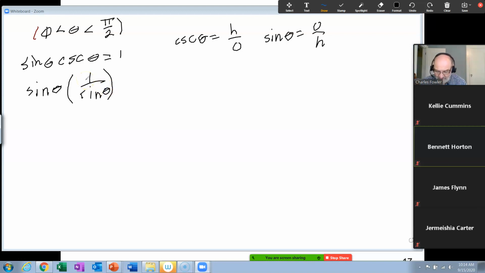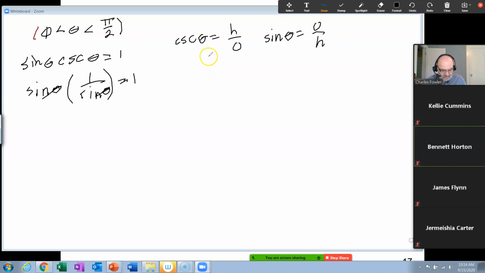Now, you see that on the other page, page 280? On your reciprocal identities, you have sine is 1 over cosecant, and right below that you have cosecant is 1 over sine. Well, look at what happens here. The sines divide out, and you're left with 1 is equal to 1. You've done it. That's all there was to it. The sines divide away, and you got left with 1 is equal to 1. You've made the left-hand side equal to the right-hand side.